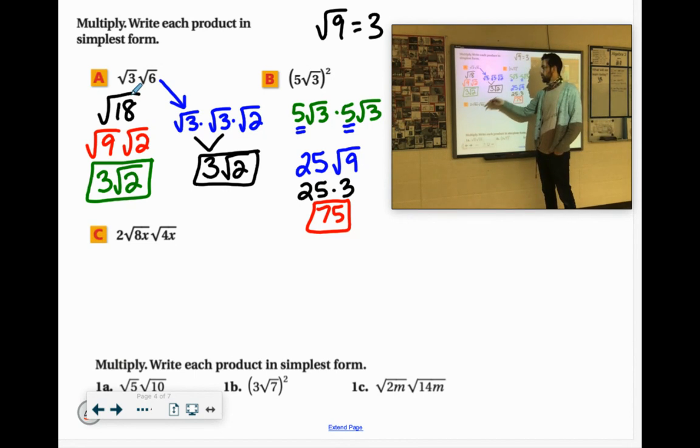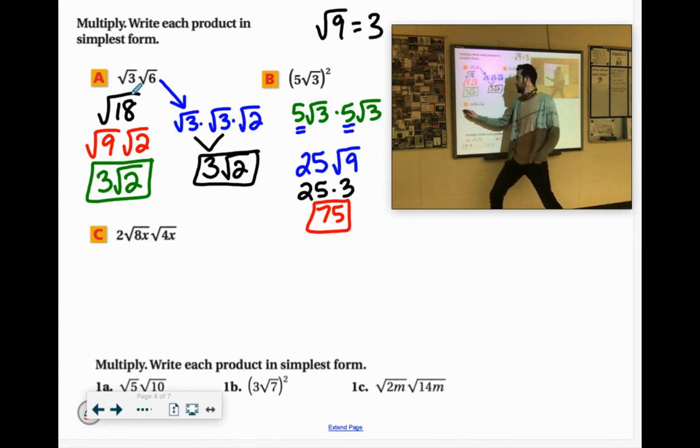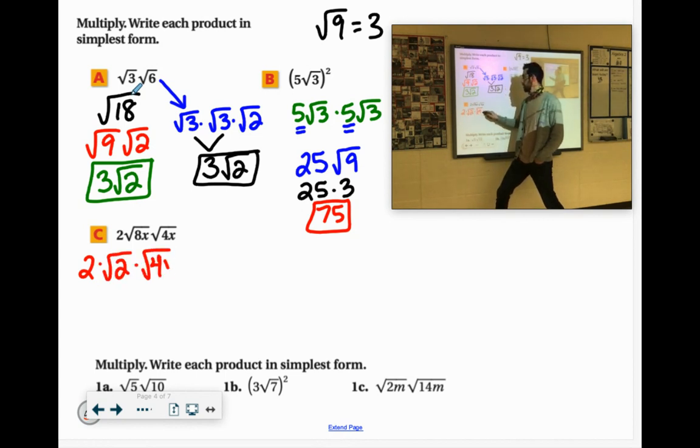Now here, 2 times root 8x times root 4x. Again, I see that 4x goes into both of them, so that's a nice little shortcut. I'll show you that way first. So let's say 8x is 2 times 4x. And we got our other root 4x.